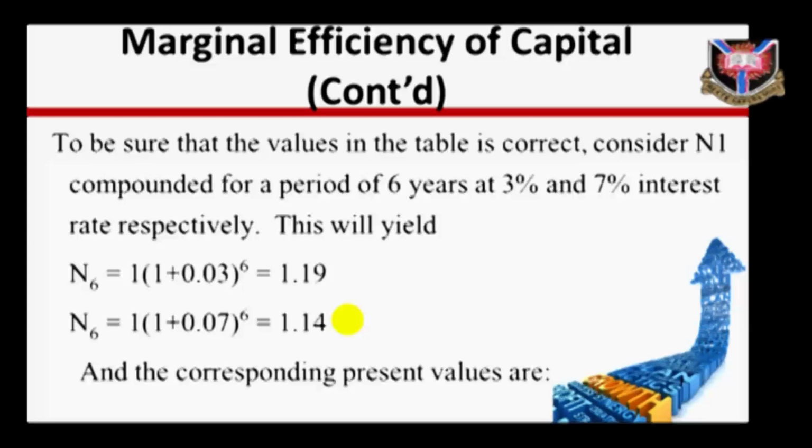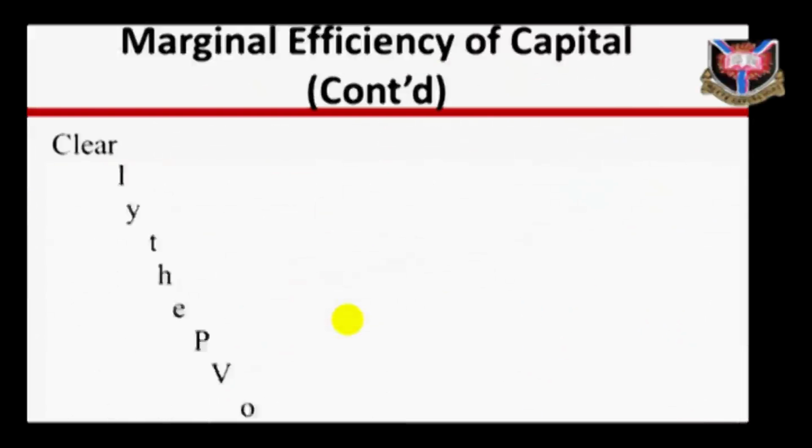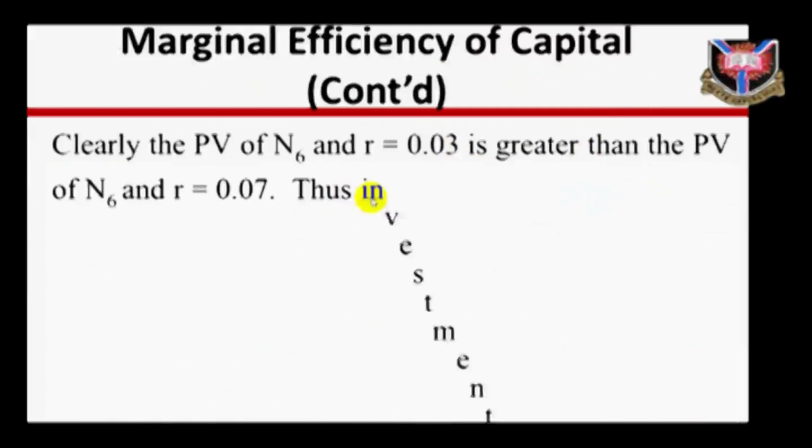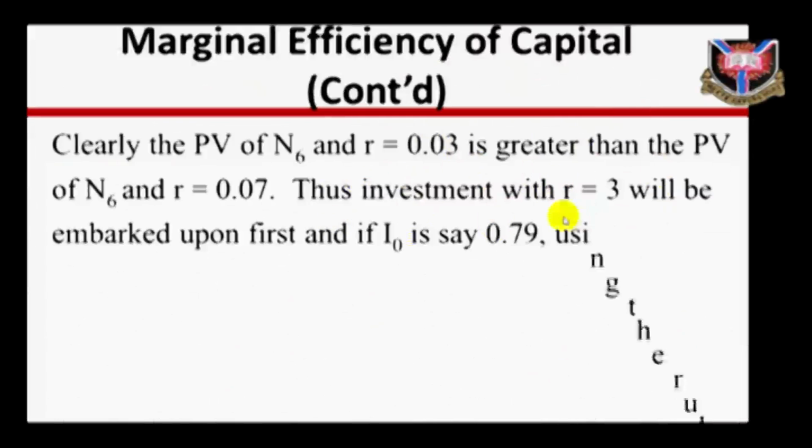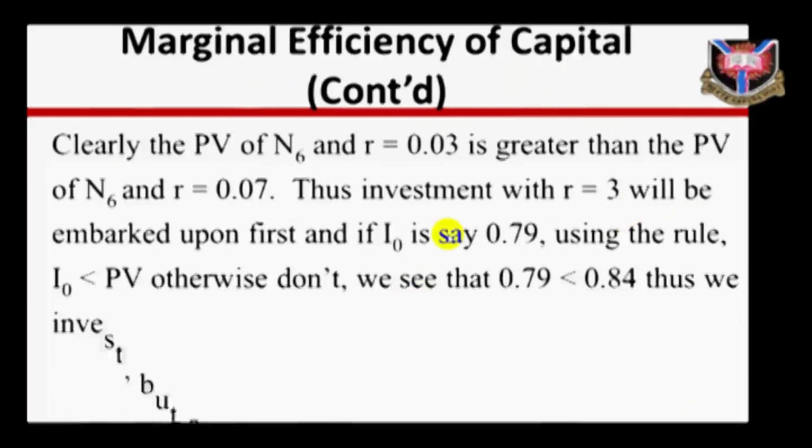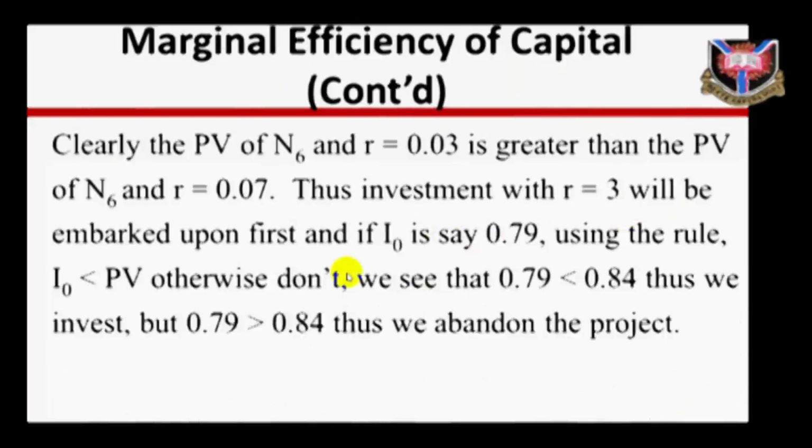N6 equals 1 of 1 plus 0.07, everything to power 6, equals 1.14. And the corresponding present values are N0 equals 1 over 1 plus 0.03 to power 6, and N0 equals 1 over 1 plus 0.07 to power 6. Clearly, the PV of N6 at R equals 0.03 is greater than the PV of N6 at R equals 0.07.